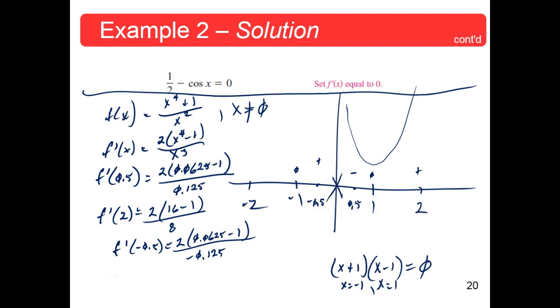Okay? How about negative 2? F prime of negative 2. That would be 2 times, and negative 2 to the fourth power is 16 minus 1 over, and negative 2 to the third power would be negative 8. So what's our sign at x equal negative 2? Negative. Positive in the numerator, negative in the denominator, that's going to be negative.